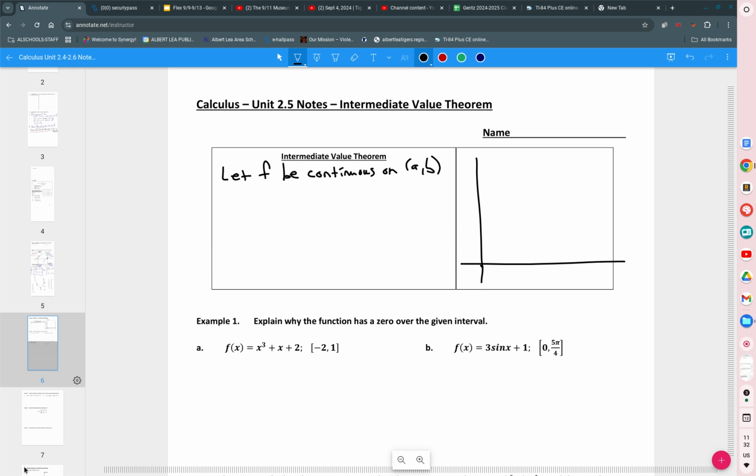Basically, it just says, let's start at a and let's go to b. I'm going to pick a point where the function is defined at a, and a point where the function is defined at b, such that this is f of a, and this is f of b.